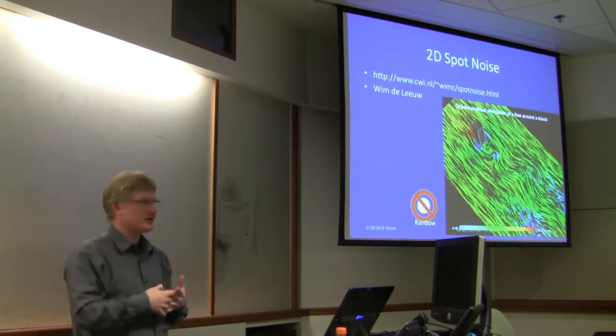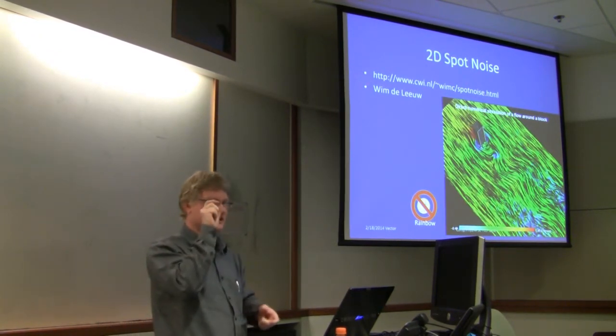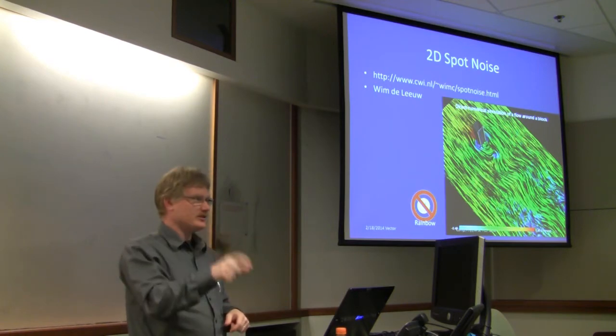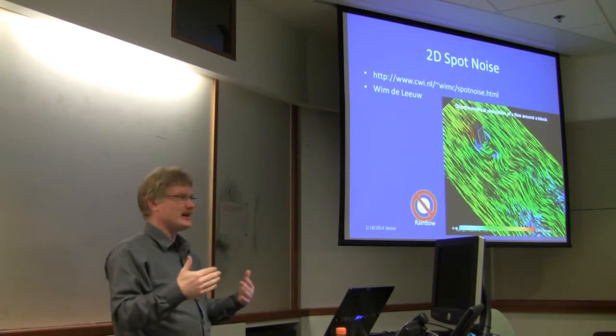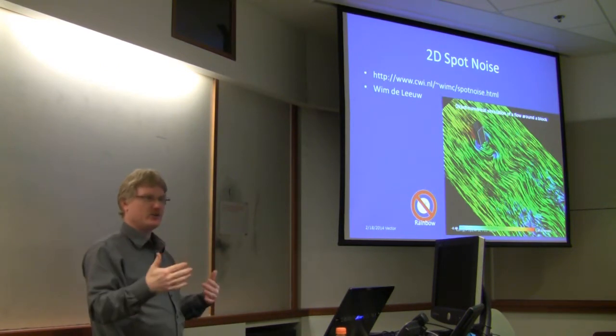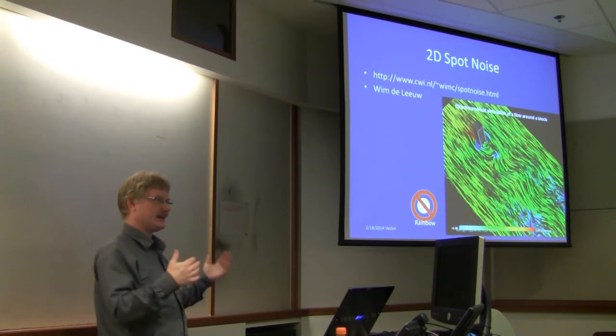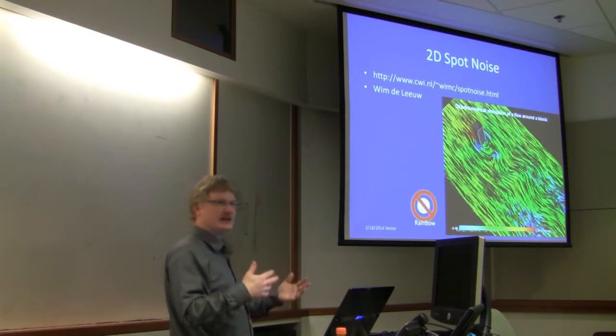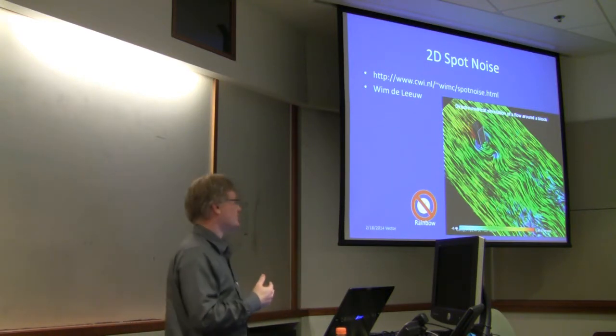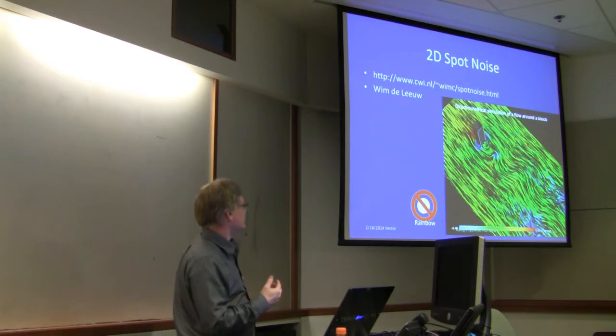Spot noise is where you basically take those little line segments and you splat them down, and you make dark ones and light ones and dark ones and light ones, and you randomly do that. It turns out that in the limit, spot noise with infinite splats and line integral convolution produce the same image. And so you can decide how you want to render it, whichever is faster on your rendering system.